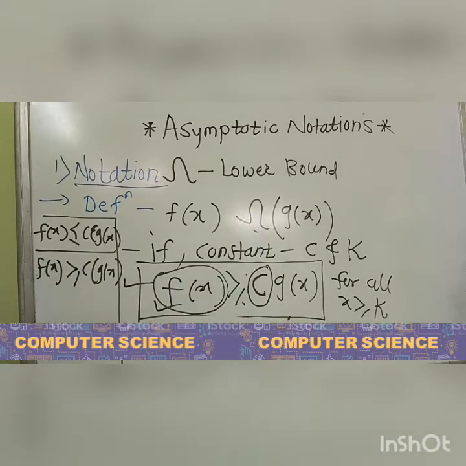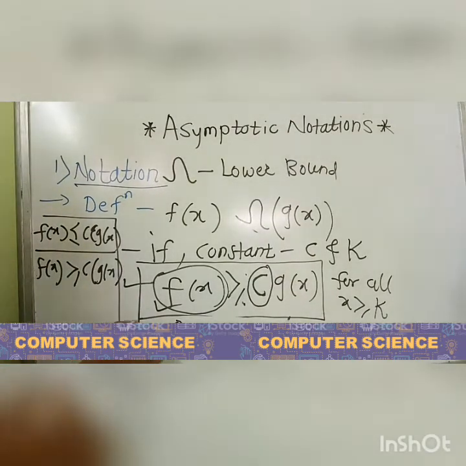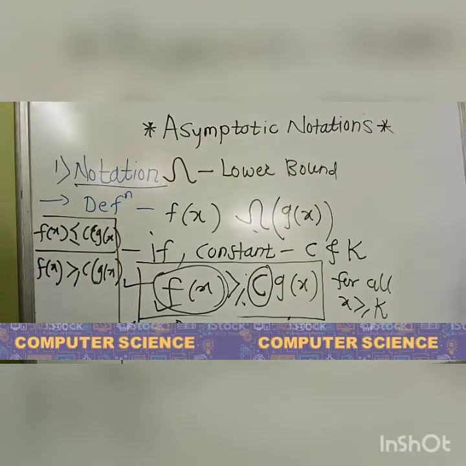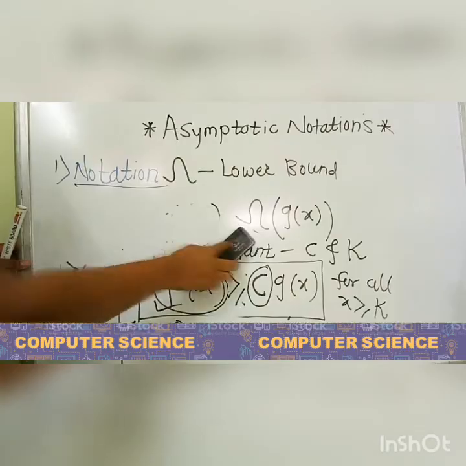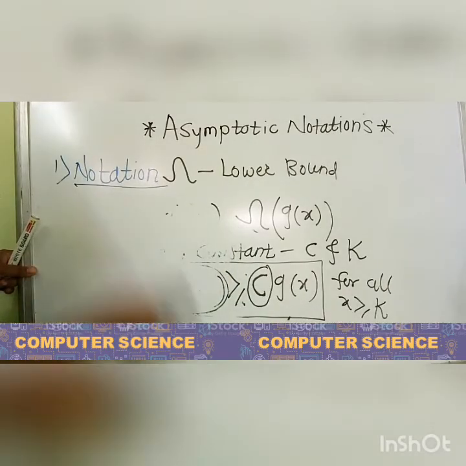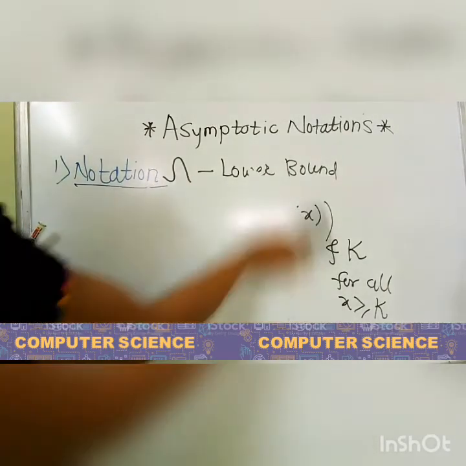In that case, you will always count that frequency count or time in terms of big O, meaning all the time complexity would be in terms of big O. Consider one example of how we will calculate this big O.